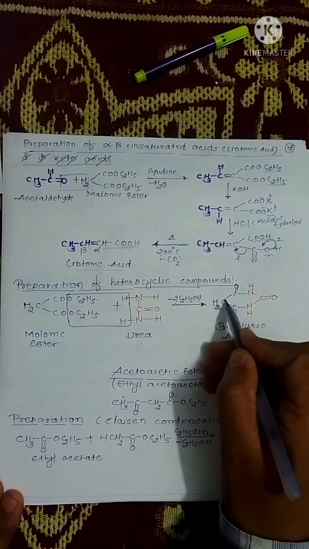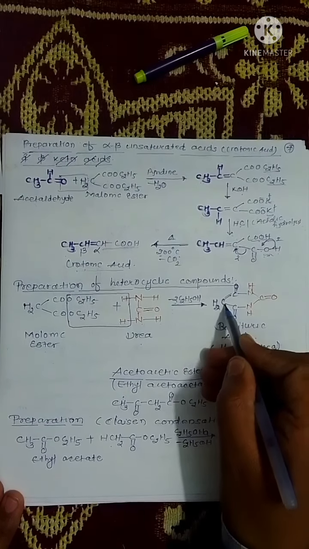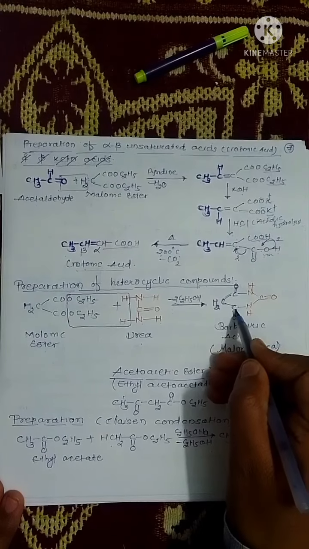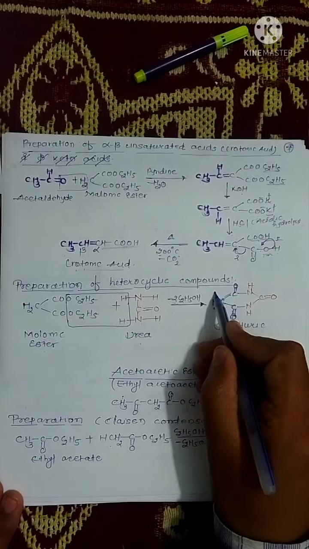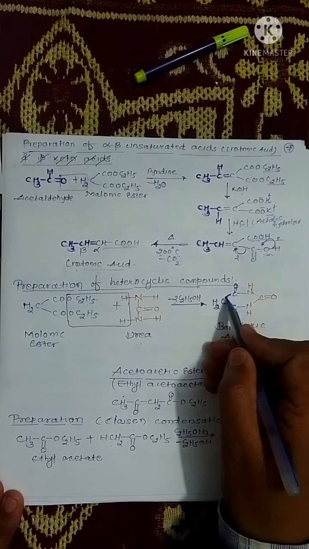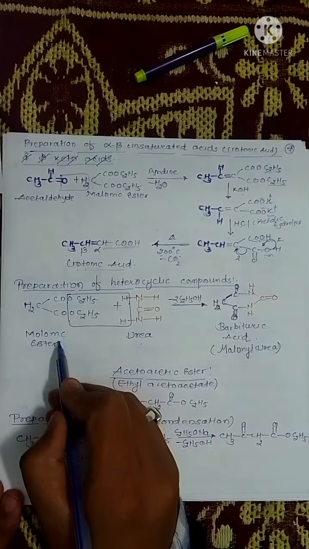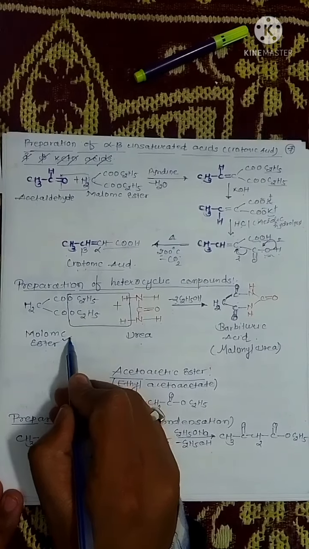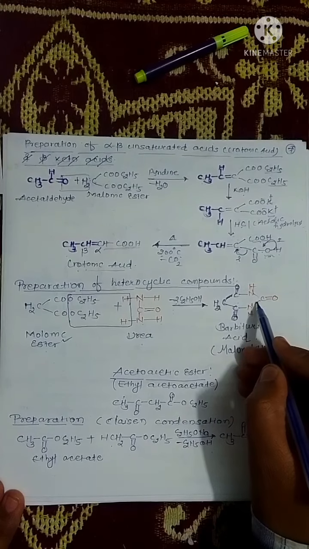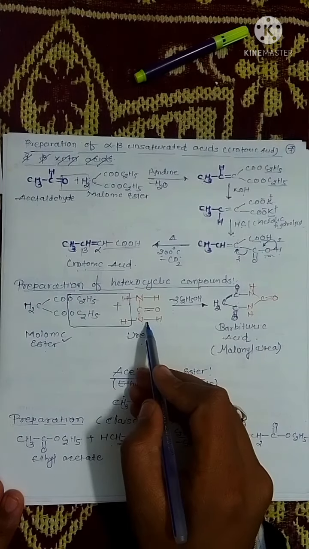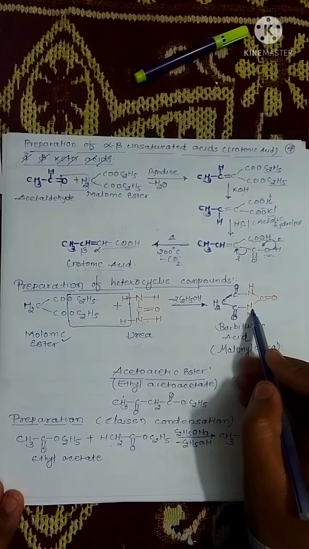See here, CH2, C double bond O as it is and C double bond O as it is. This part, written with the blue pen, basically comes from your malonic ester, while the part written with the red pen basically comes from your urea, that is C double bond O NH.